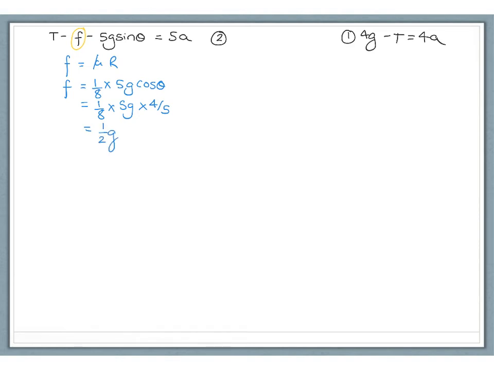We can then substitute this back into equation 2, which gives us T minus 1/2 g minus 5g multiplied by 3/5, because we know that sine theta is equal to 3/5, is equal to 5a.